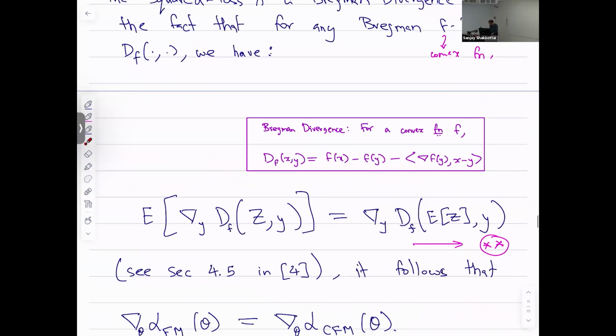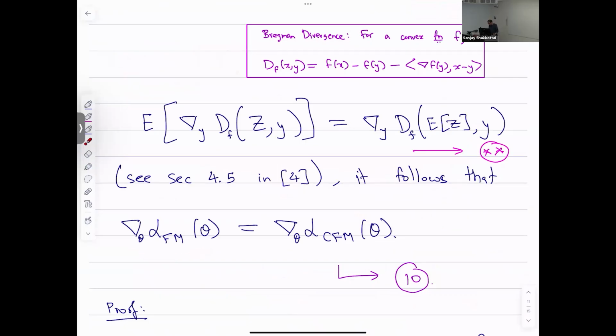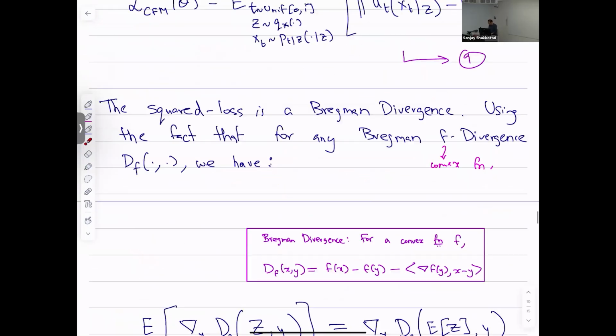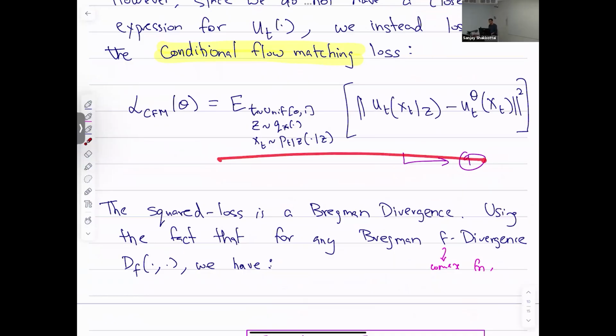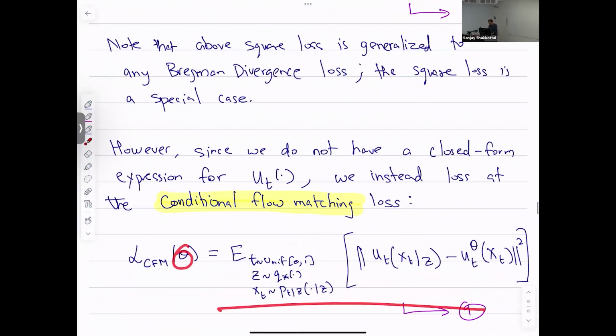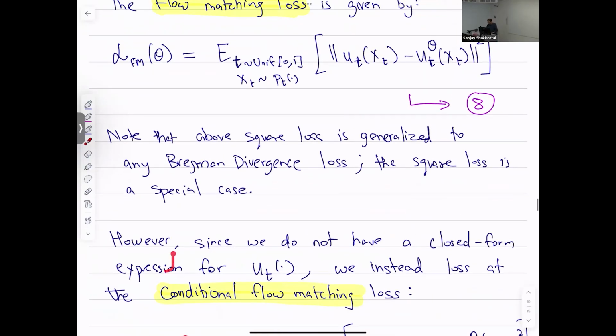The key result we proved is that even though the losses are different, the gradient with respect to theta for both is the same. So if we train for this loss and get a model, that model would be the right model for this loss as well. That was the key part of this pipeline. So that's why we went through all these steps. Therefore, now you can train with this conditional velocity field and get a model. This is the whole flow story.